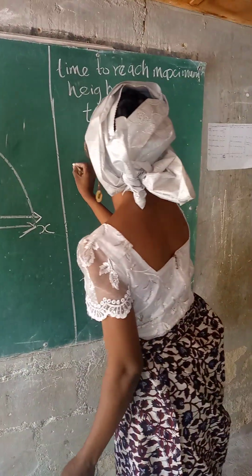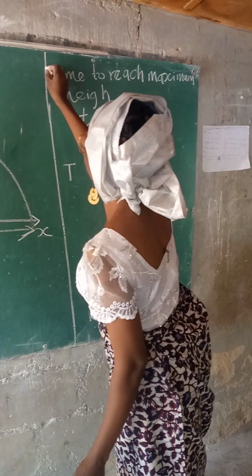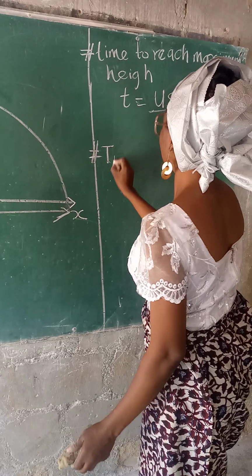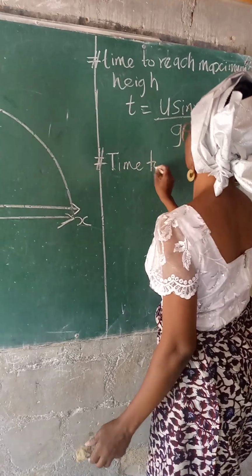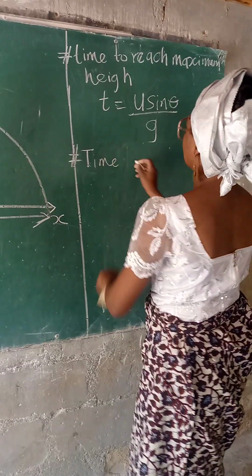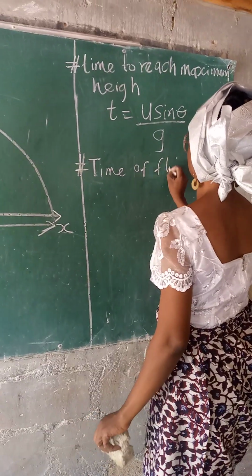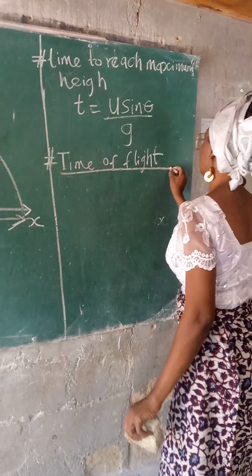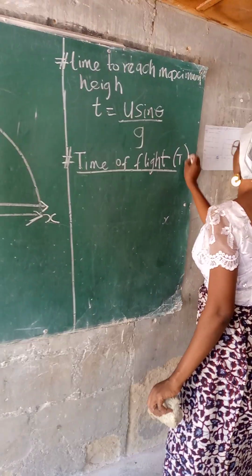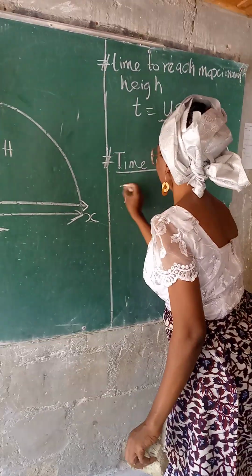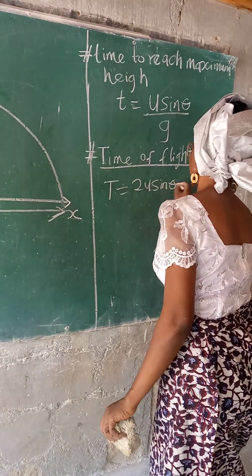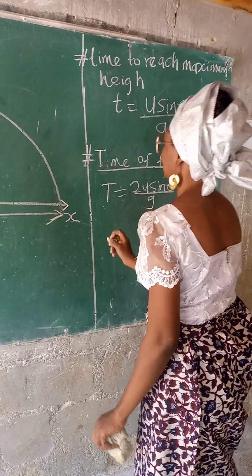Then time of flight, capital letter T, is simply 2U sine theta over g.